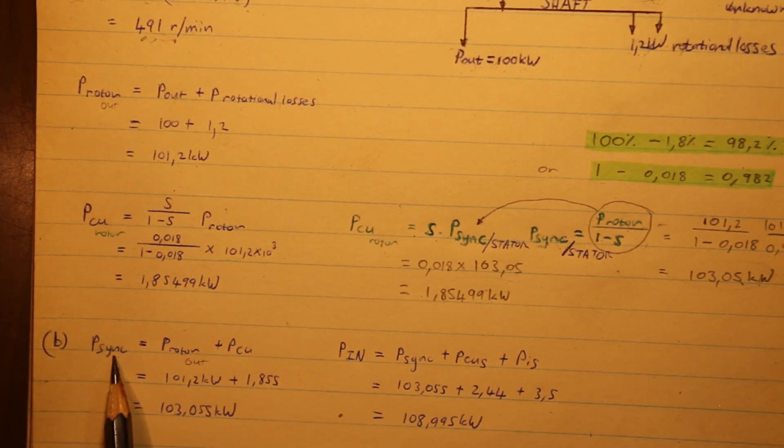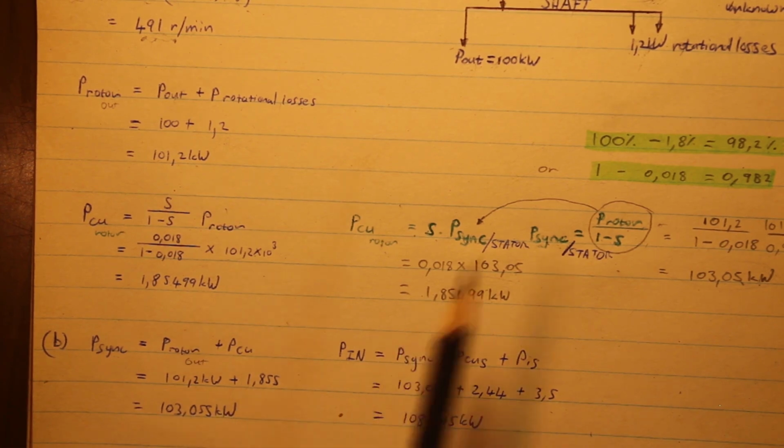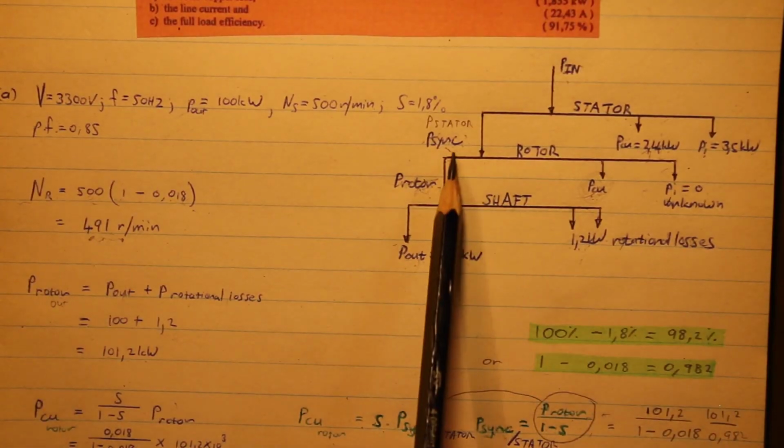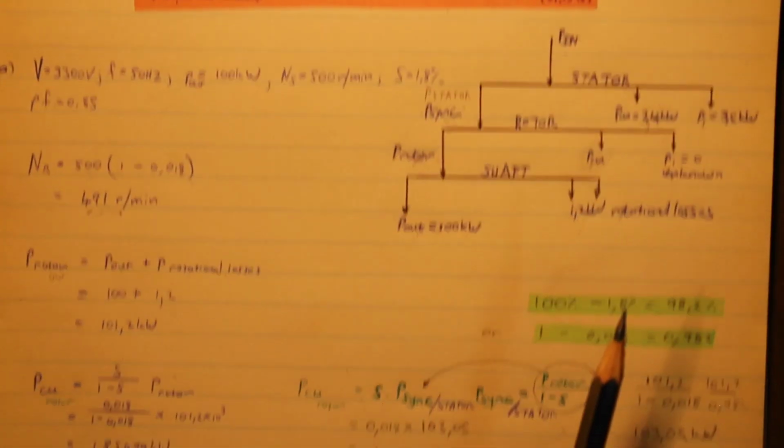The P sync, it's done over here. It's the rotor power, which is 101,2 plus 1,855, and then you get 103,05 kilowatts. So that's your synchronous power. Okay, that's that one there, which we just worked out in the previous one.